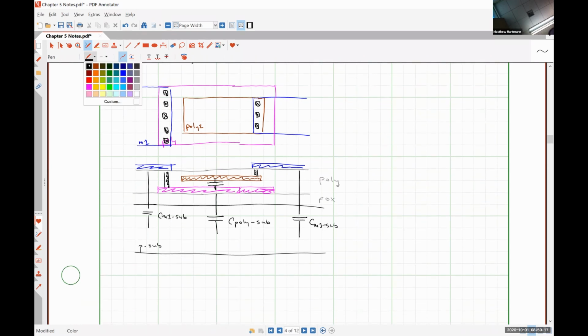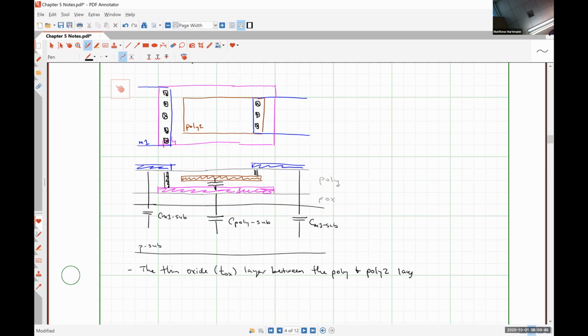All right, so let's circle back around. The thin oxide layer between the poly 1 and poly 2 layers is made from silicon dioxide and is approximately the same thickness as the transistor gate oxide.